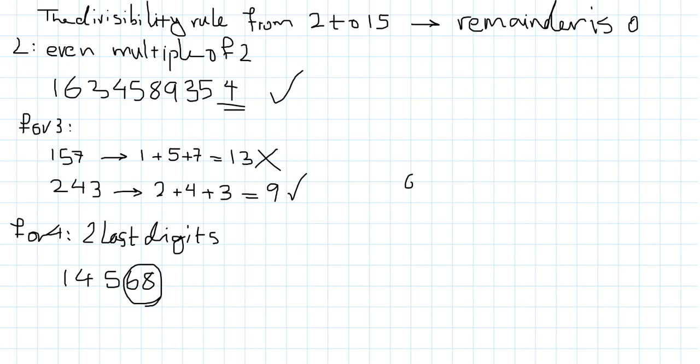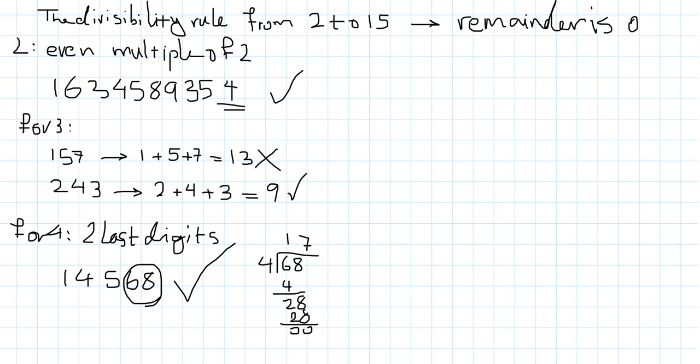I divide 68 by 4. 1 times 4 is 4. It remains 2 and 8. Easily I know 7 times 4 is 28, so my remainder is 0. I say this number can be divided by 4 or is divisible by 4.